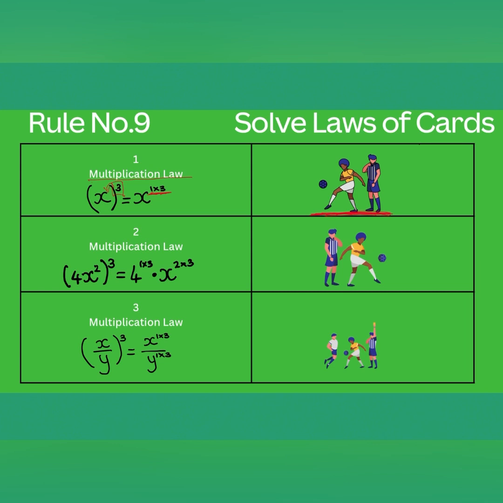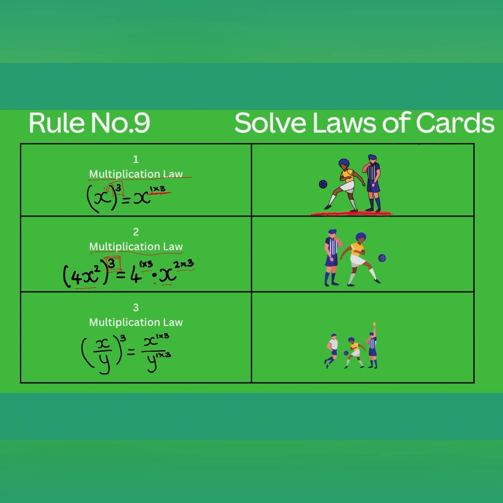The second law is also a multiplication law. And we have inside brackets 4x squared, close bracket to the power 3, which equals 4 to the power 1 times 3 times x to the power 2 times 3. So what we see here is the ref's card again.